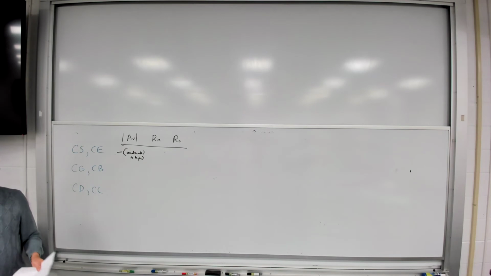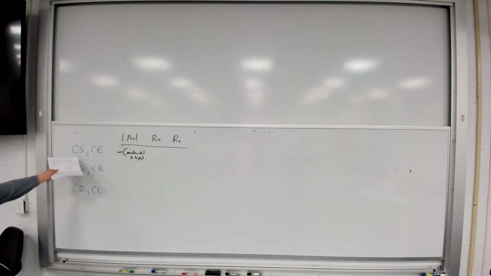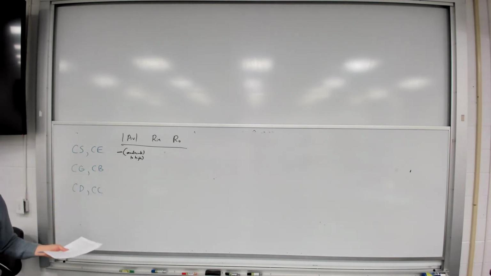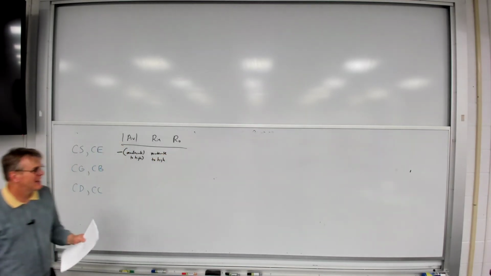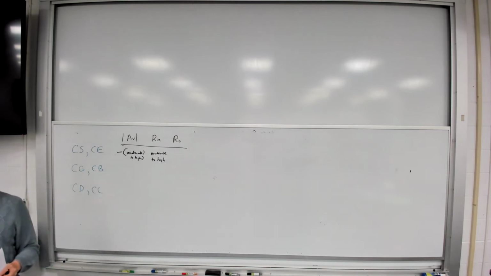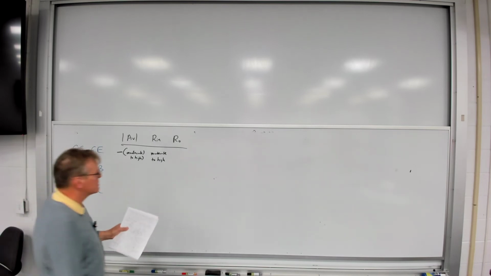Input resistance will be anywhere from moderate to infinite, of course, if it's a MOSFET for common source. So I'll just say moderate to high, because certainly infinity is high, okay? Output resistance also tends to be moderate to high, depending upon the value of the resistor.